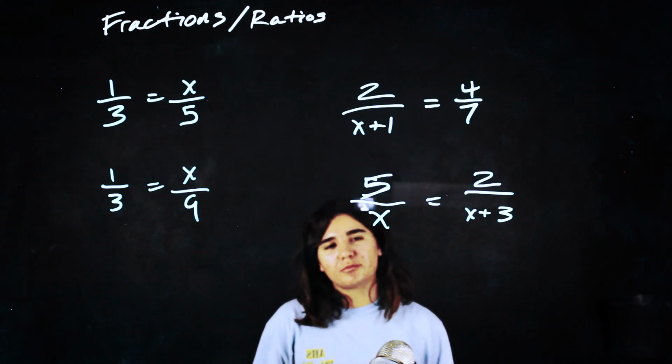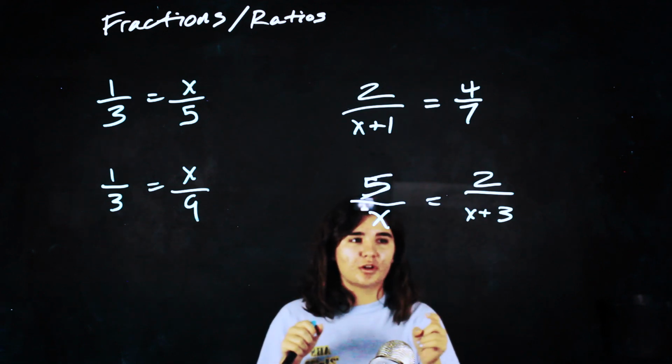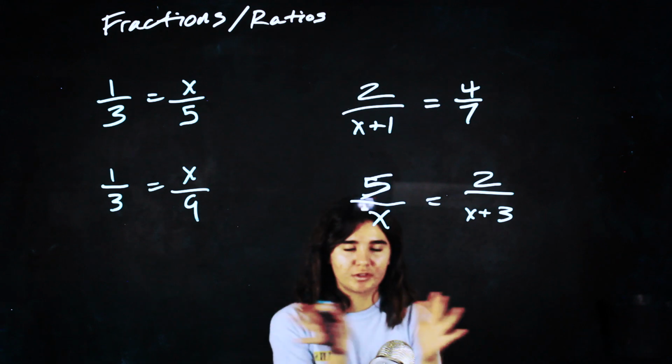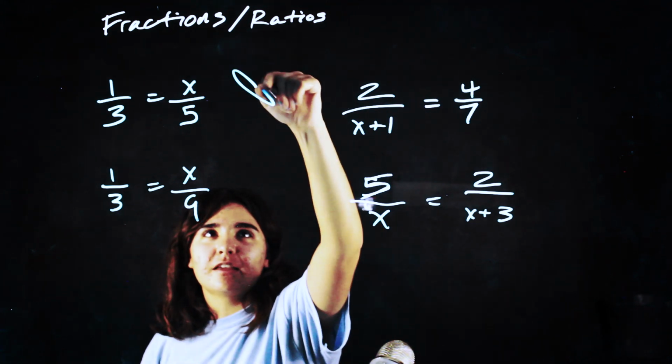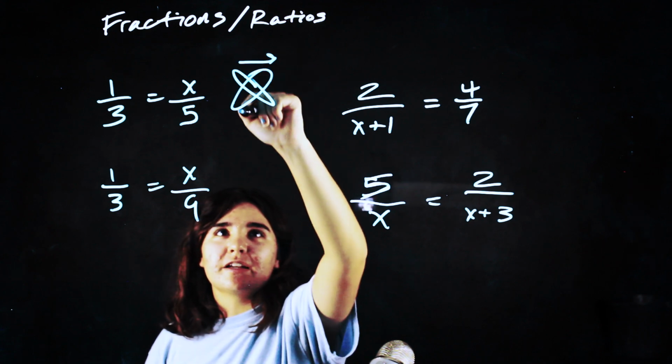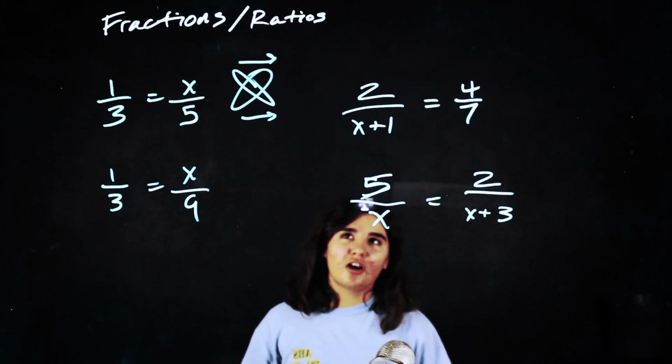Remember with multiplication, you could cross simplify, right? When you multiplied two numbers, you cross simplified and then you multiplied across. Well, in this case, it's the opposite actually.